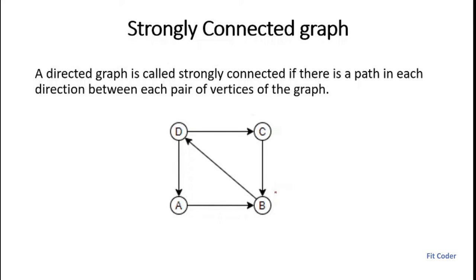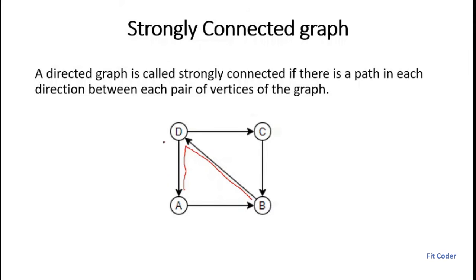Next comes the strongly connected graph. A graph is called strongly connected if there exists a path from a node A to a node B in each direction. Let's say you want to go from point A to point B. We can see there is a path. If you want to go from point B to point A, we can see that we have this path.